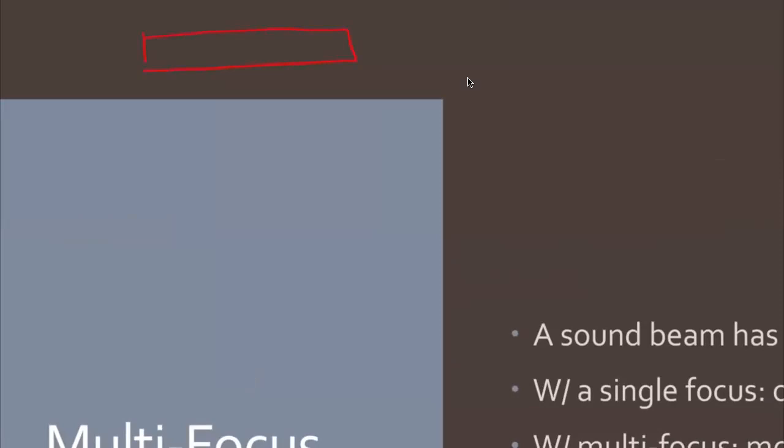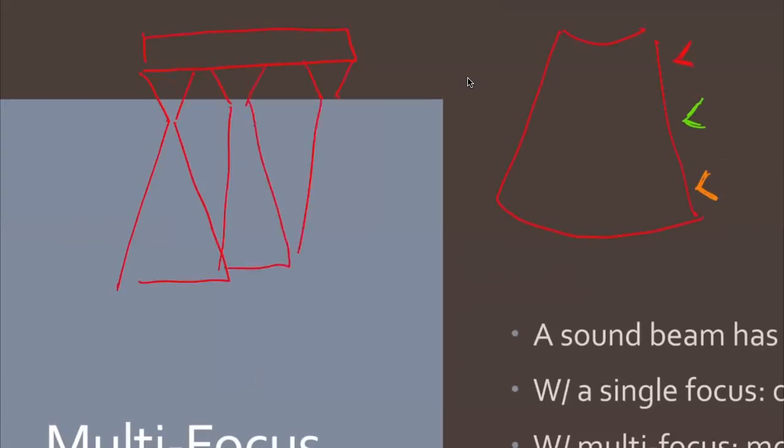Let's say our image has three focuses, and I'm going to color code them on purpose. The first set of pulses comes out of the transducer and looks like this. Notice that there is a shallow focus on these, because there's a shallow focus on your image.